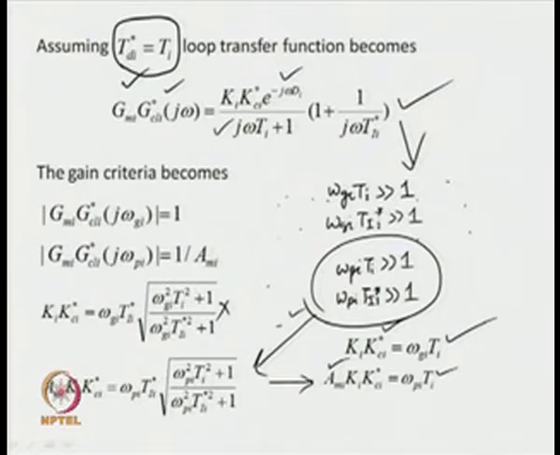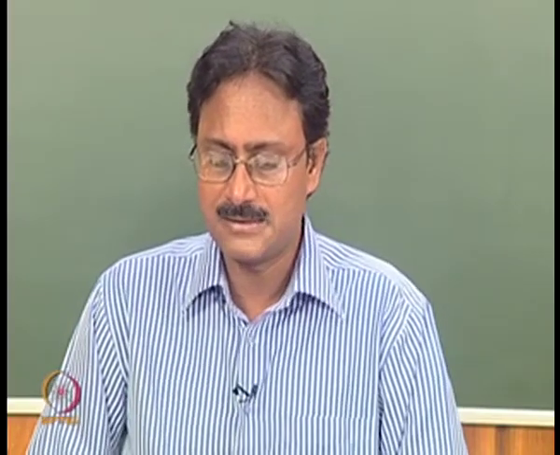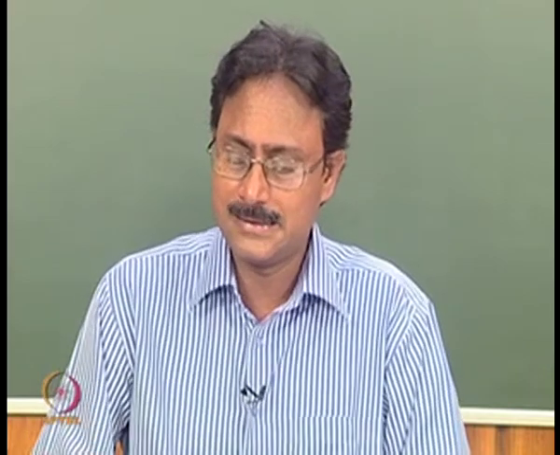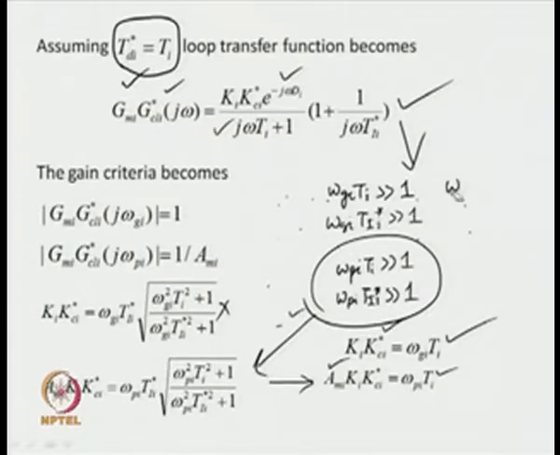Now, these values of gain and phase crossover frequencies can always be set with proper choices of the controller parameters. Since we have been trying to design the parameters, therefore, these choices are valid.